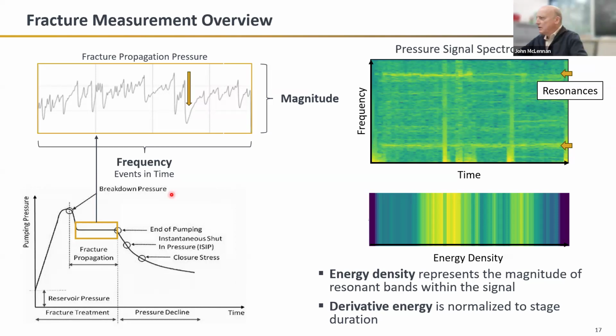Excellent. Julian is interested in some of the details, the sample rate for your pressure sensor and typical resonant frequencies. Absolutely. So, as a base level, we do have 1 hertz pressure sensors.